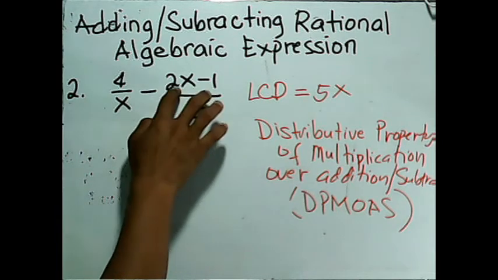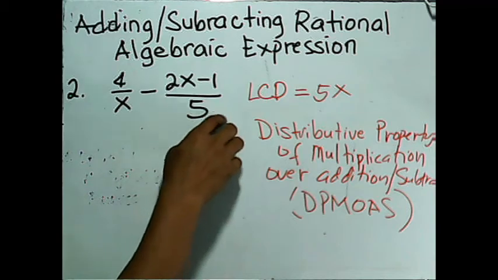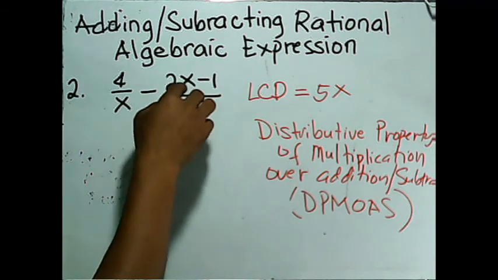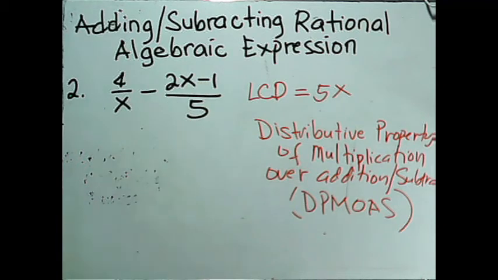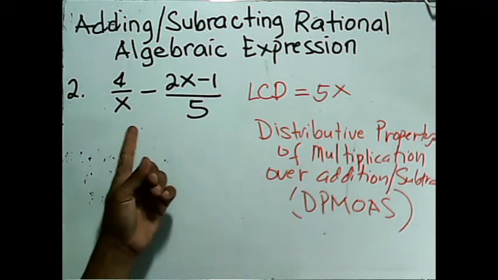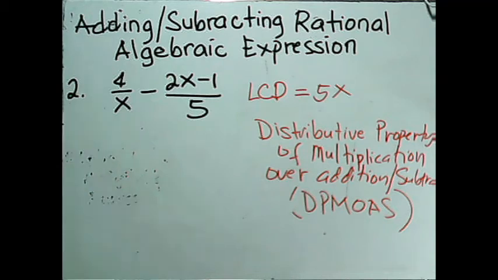If you say 2x minus 1 all over, it means the denominator is the denominator of the whole 2x minus 1, if the numerator has more than 1 term.